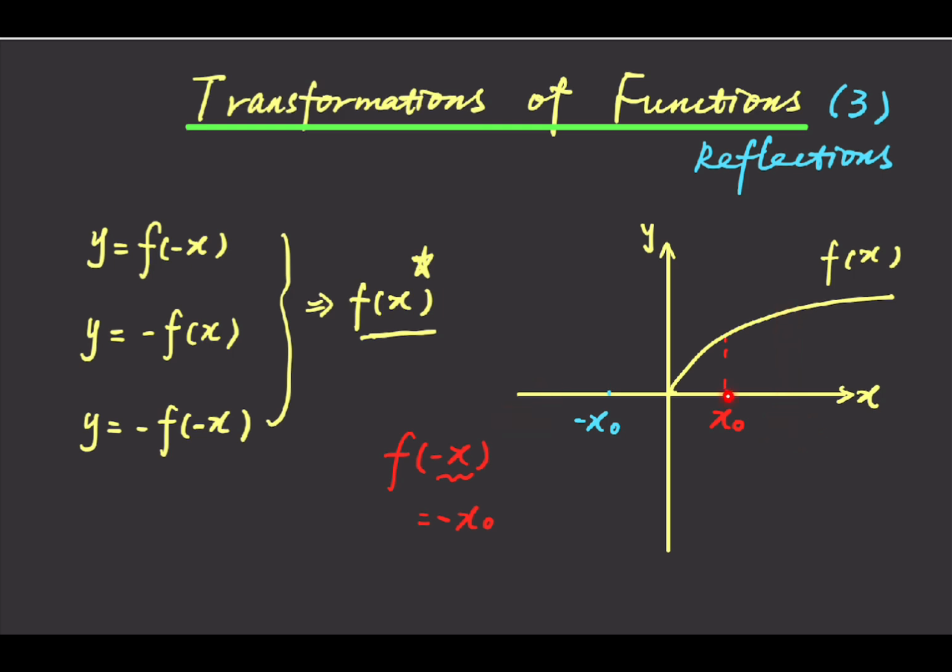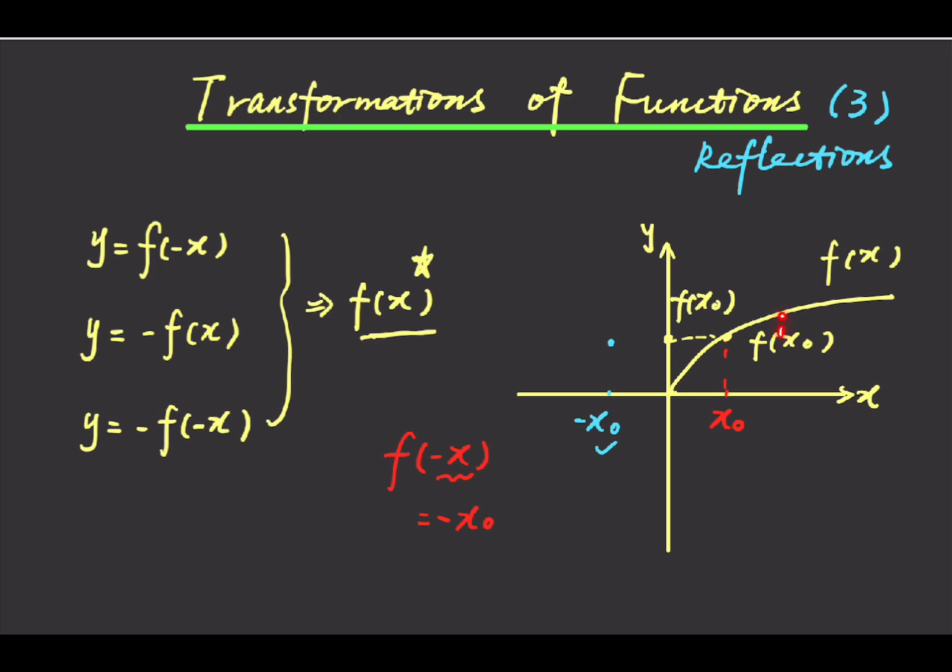But for this x0, the y-coordinate should be f(x0). So on the new graph of this function, the y value should be the same as this number. So the corresponding point should be here if the x value equals negative x0.